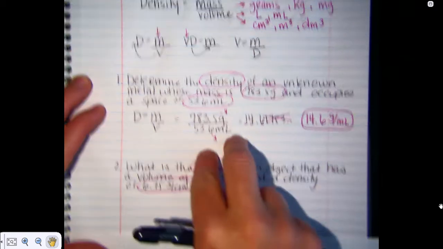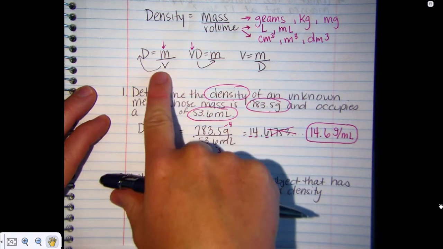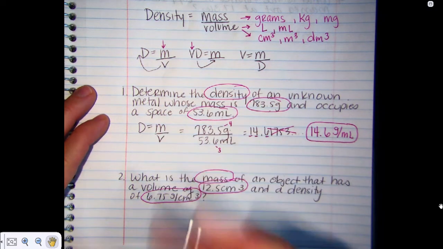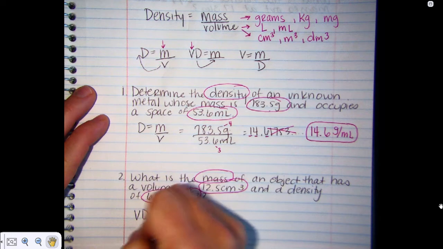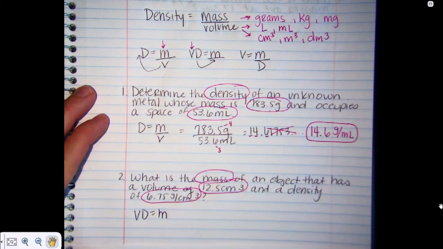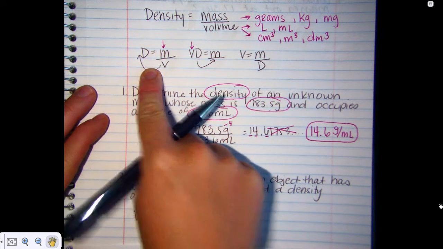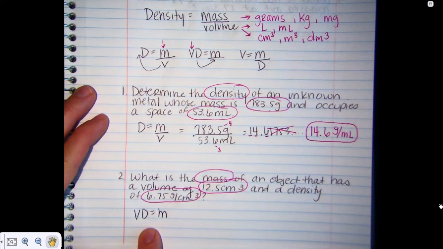So I'm not going to use density as mass over volume. I'm going to have to use one of my two rearranged formulas. I'm going to be using the one that allows me to solve for mass, which is VD equals M. And again, you don't have to memorize these. You just have to know how to manipulate this one to arrive at this formula.